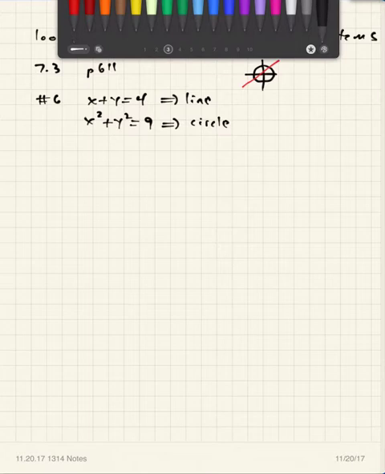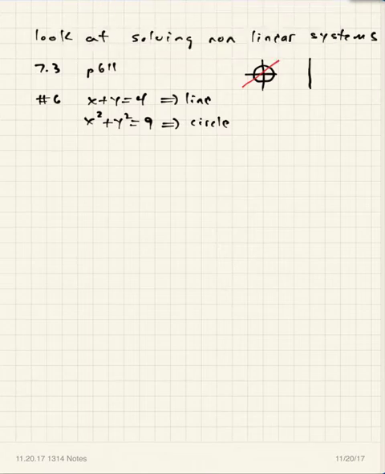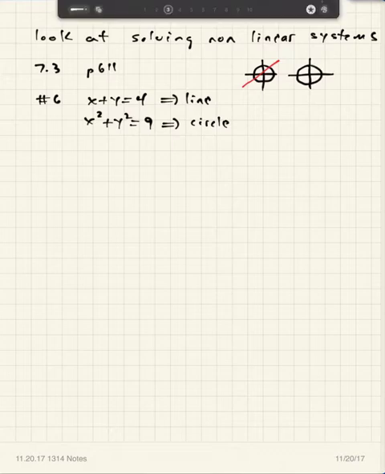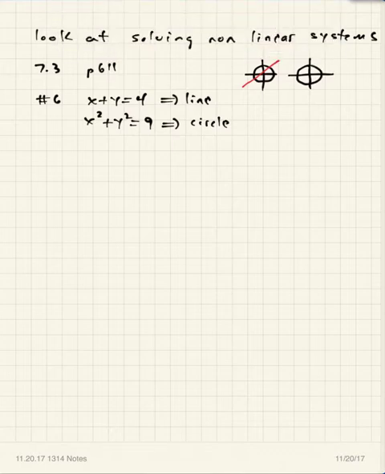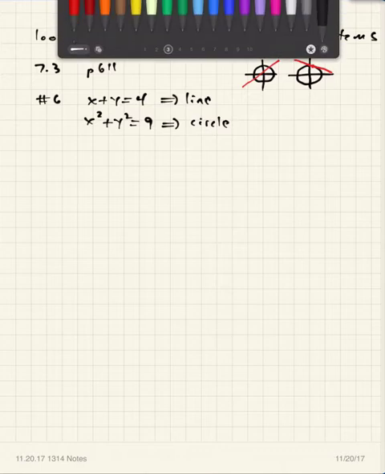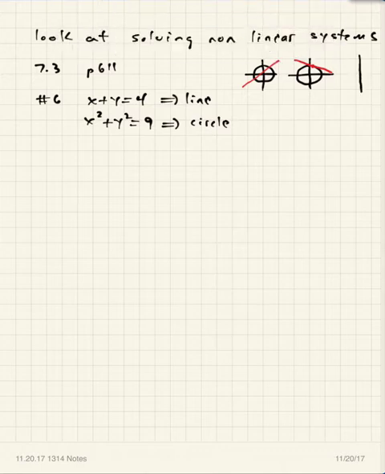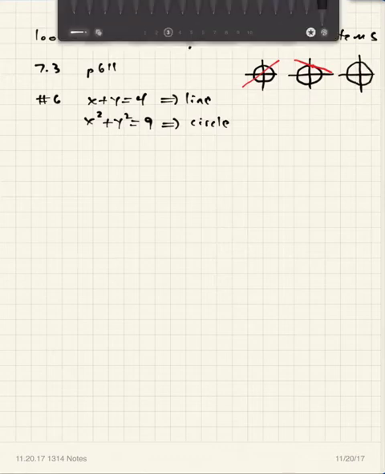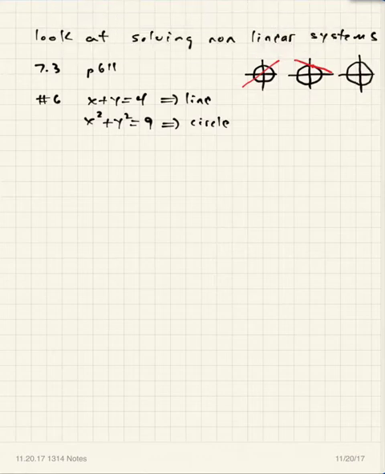But that's not the only thing that could happen. You also could have a circle and the line ends up being tangent to the circle. And if the line ends up being tangent to the circle, in other words, it just touches it at one point, then you have one solution. And finally, what certainly could happen is that you have a circle and you have a line, but they don't intersect at all.